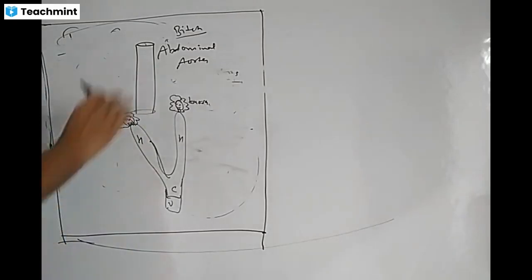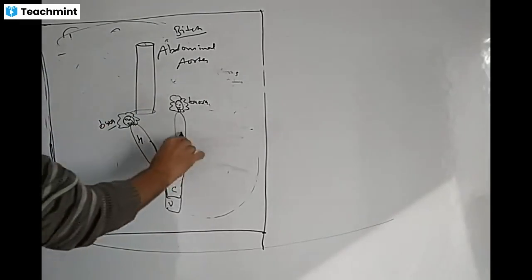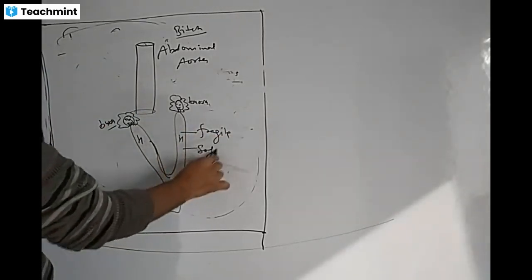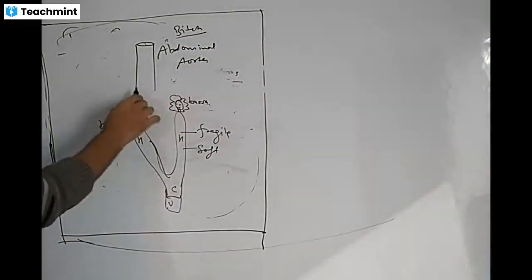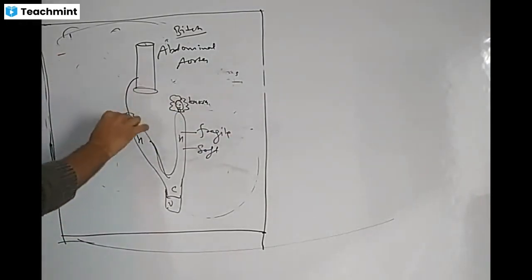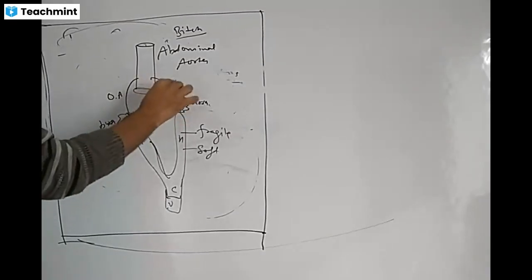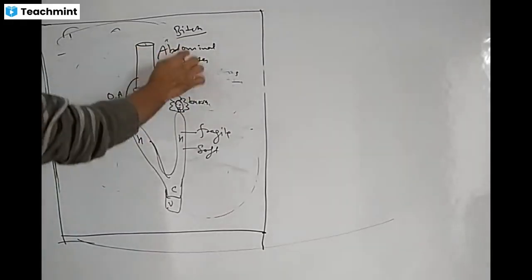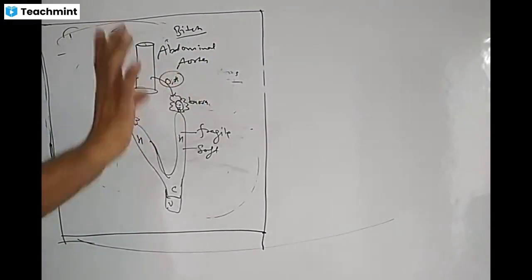So if we do rough handling of this pyometra uterus, this uterus is fragile and soft. In case of the ovaries, this is the ovarian artery. This ovarian artery is a direct branch of the abdominal aorta.